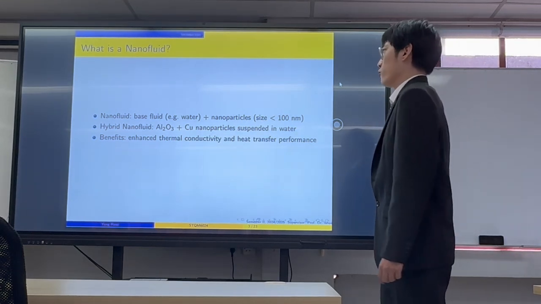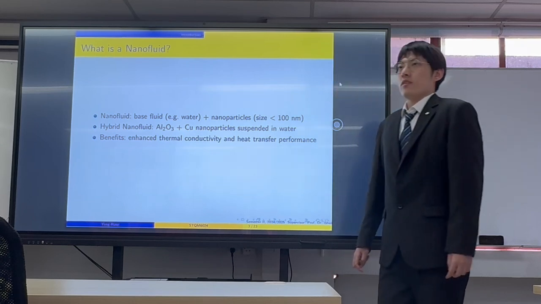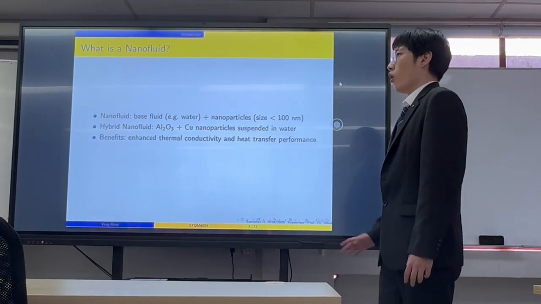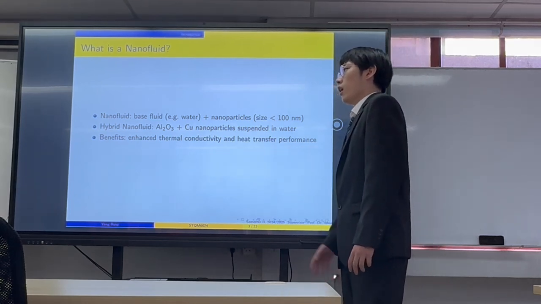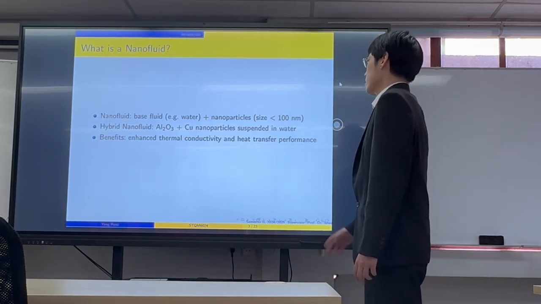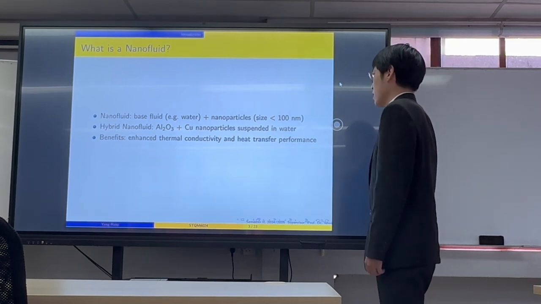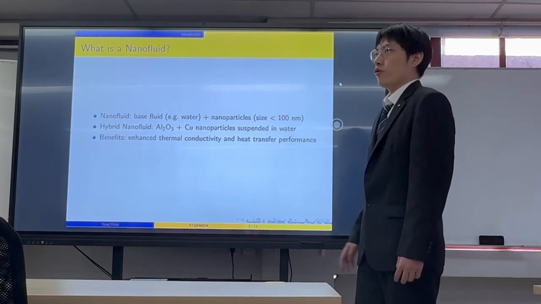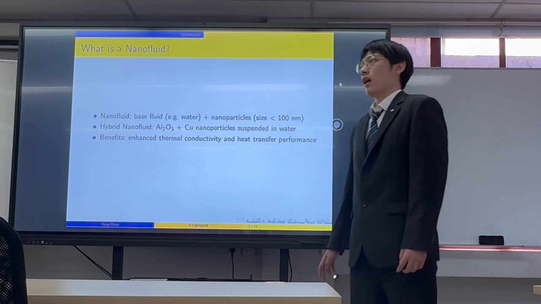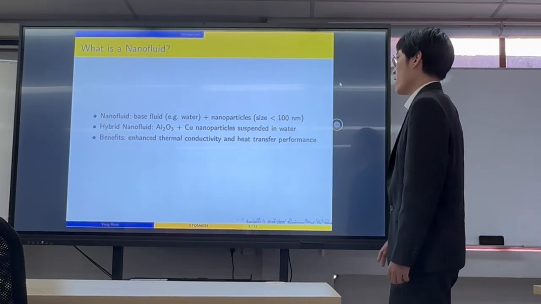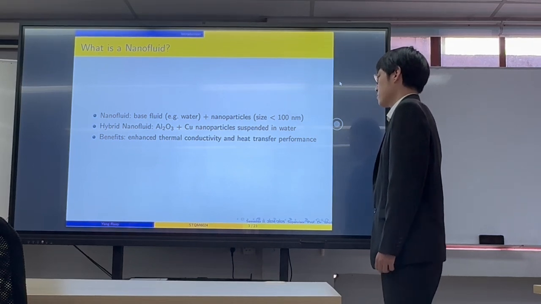What is a nanofluid? In general, nanofluid is a base fluid such as water or oil that contains dispersed nanoparticles less than 100 nanometers in size. A hybrid nanofluid is a type of nanofluid composed of 2 or more different types of nanoparticles.